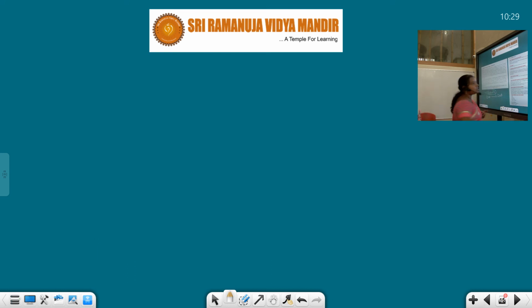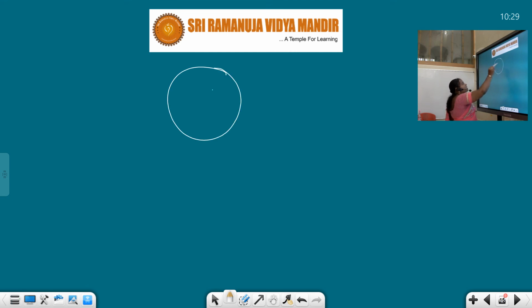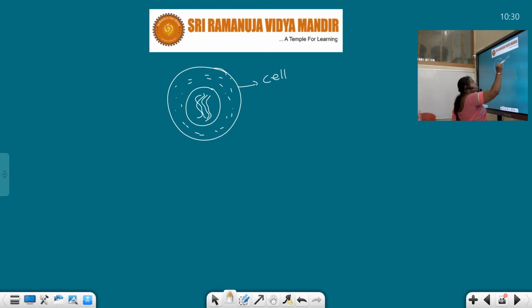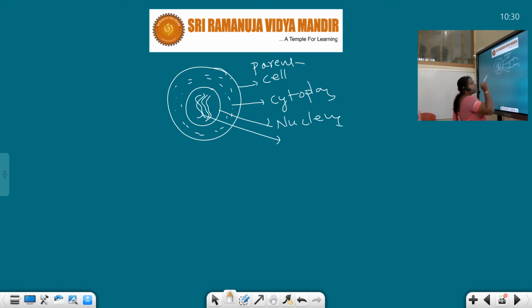See students, let me explain. If this is the parent cell, at the center it has the nucleus, and in the nucleus it has the genetic material. The whole cell is filled with the cytoplasm. So this is the cell, students: the parent cell, with cytoplasm inside, the nucleus at the center, and genetic material in the nucleus.